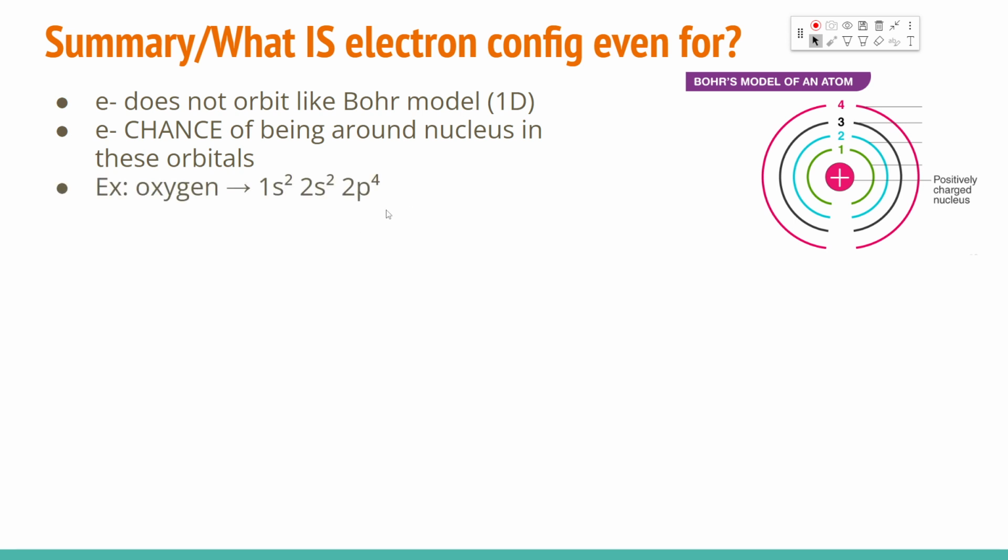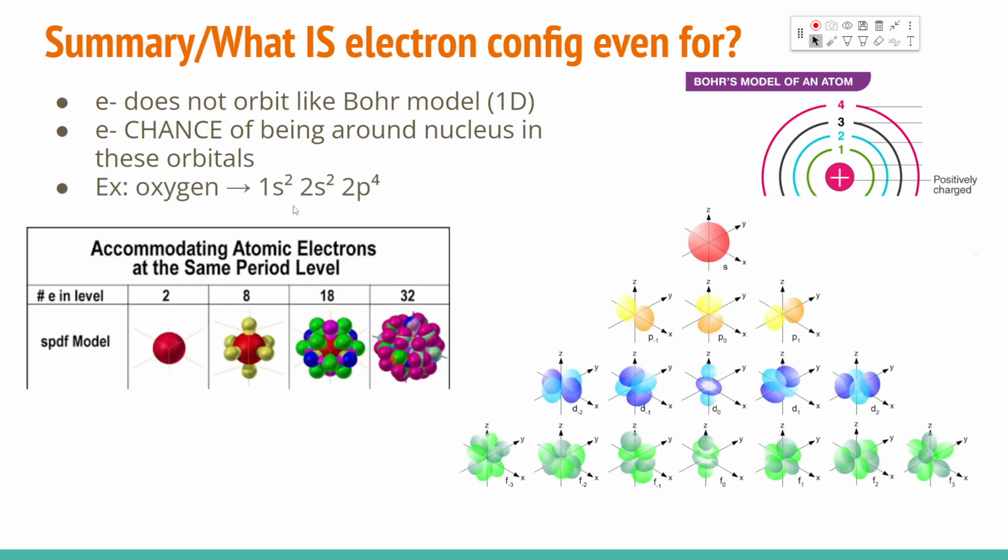And so if I think of oxygen as 1s2, 2s2, 2p4, there's going to be an S room that's spherical, so there's going to be 2 electrons in there. We're going to have another S room, or orbital, that's slightly bigger, and there's going to be 2 electrons around there. And then the P kinds of rooms where I have 4 electrons.